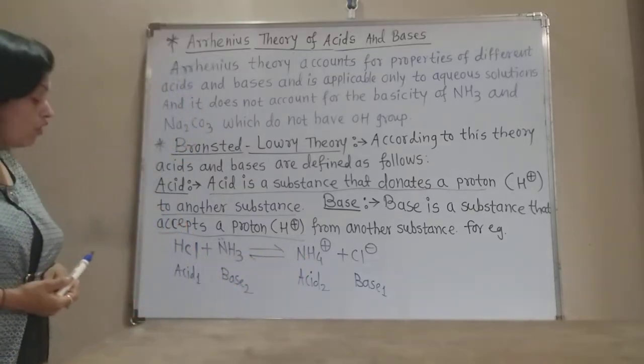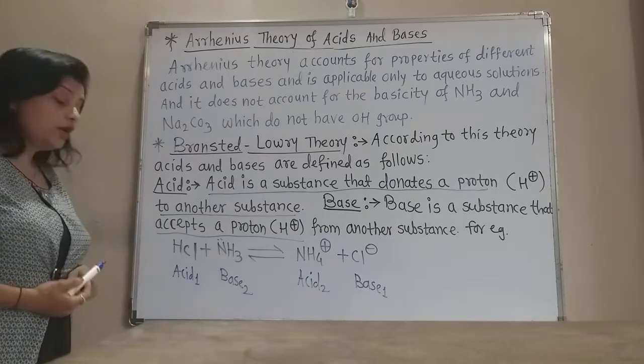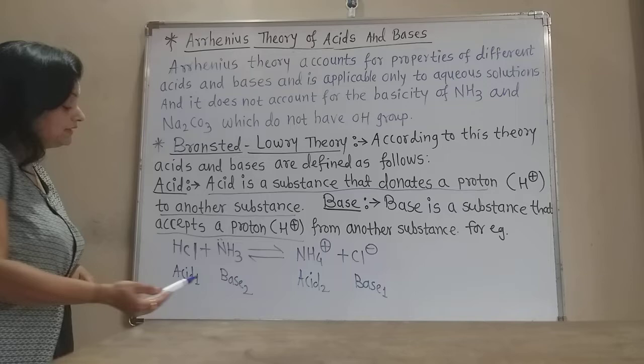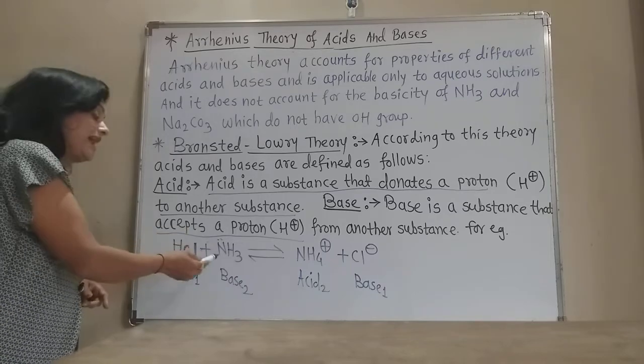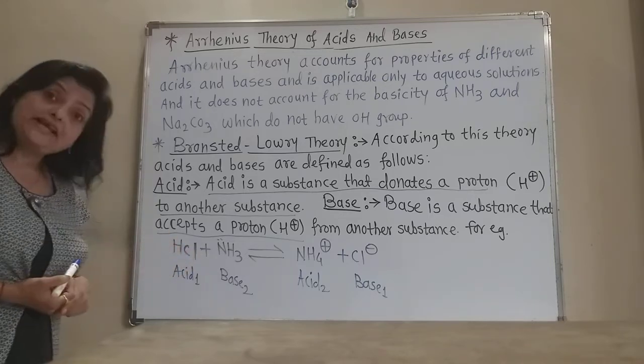And what is remaining? Only the Cl- ion is remaining here. Now, as this HCl gives the proton to another substance, that is ammonia, HCl is the acid, and as ammonia accepts the proton from this HCl, ammonia is the base.